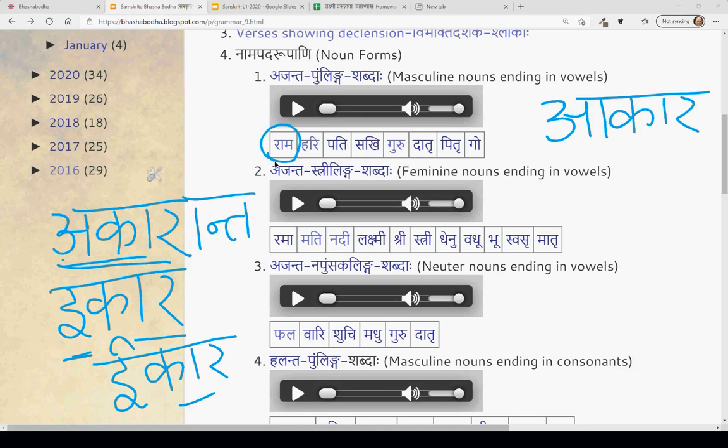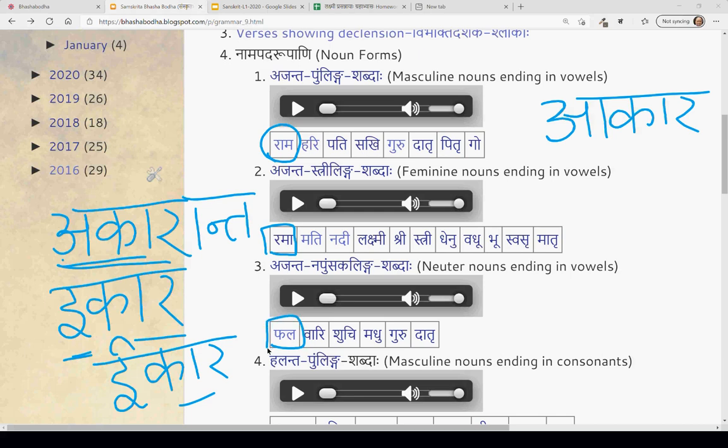So in this example here, Rama is the root word or the base word. You see that at the end of Rama there is a sound. Like Balaka, the base word is ending in a. Like Lata, Rama, the base word is ending in a sound.